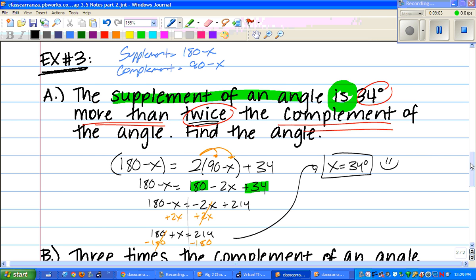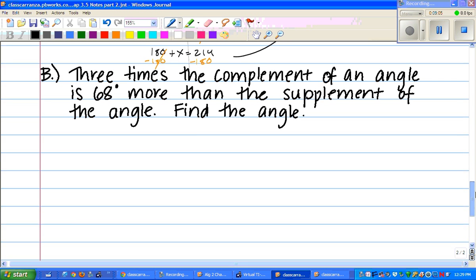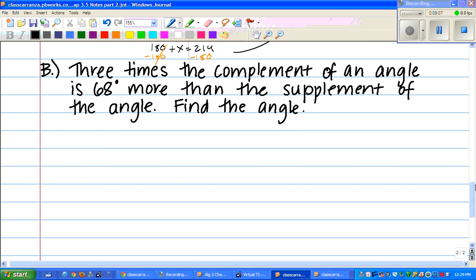Okay. Let's look at the next one. Now, if you want to try and set it up yourself, go ahead and pause the video. For those of you who did not pause the video, let's go through this, okay? 3 times the complement of an angle is 68 degrees more than the supplement.